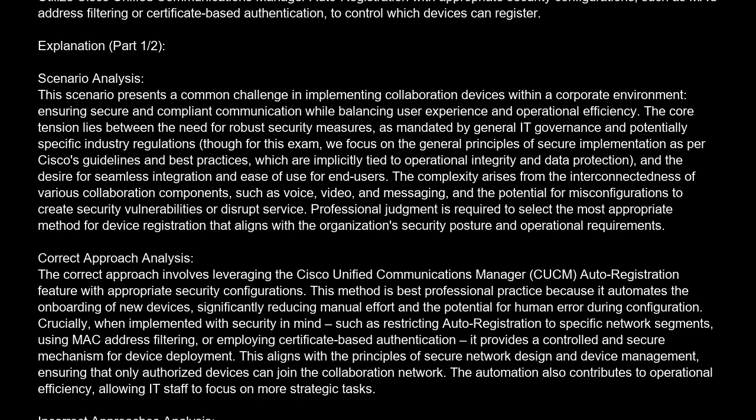Crucially, when implemented with security in mind, such as restricting auto-registration to specific network segments, using MAC address filtering, or employing certificate-based authentication, it provides a controlled and secure mechanism for device deployment. This aligns with the principles of secure network design and device management, ensuring that only authorized devices can join the collaboration network. The automation also contributes to operational efficiency, allowing IT staff to focus on more strategic tasks.